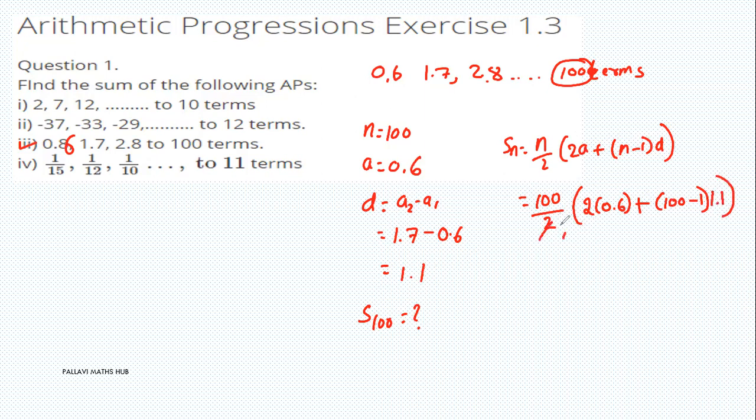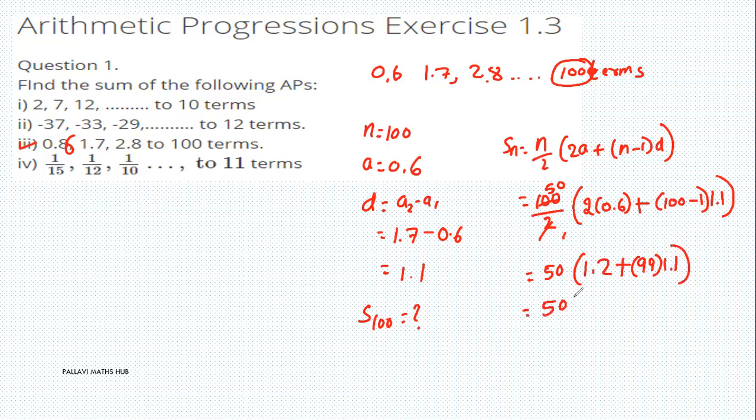In the next step, 2 ones are 2, 50 twos are. It cancels. So 50 into 2 into 0.6 means 1.2 plus 100 minus 1 is 99 into 1.1.